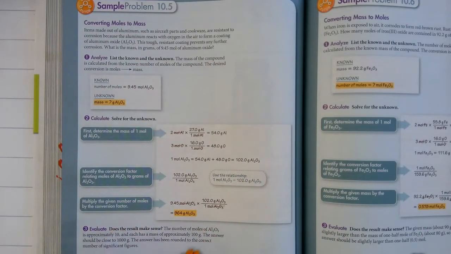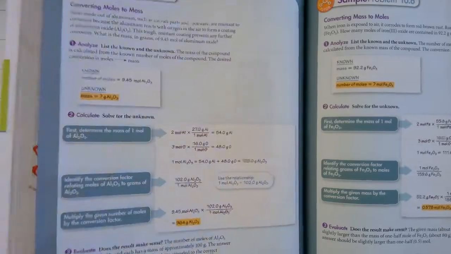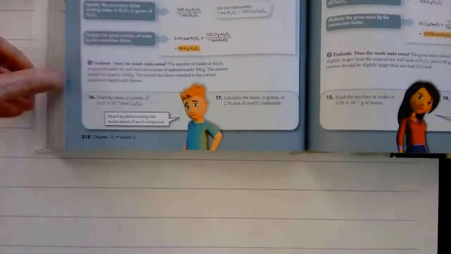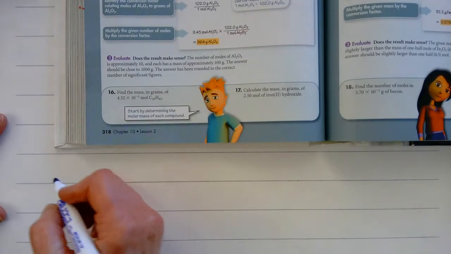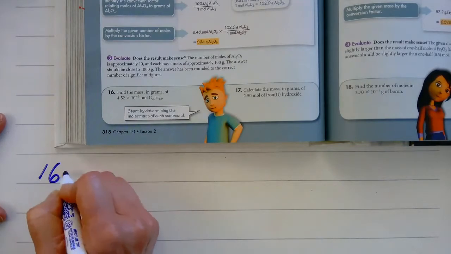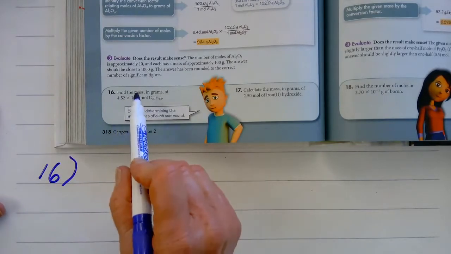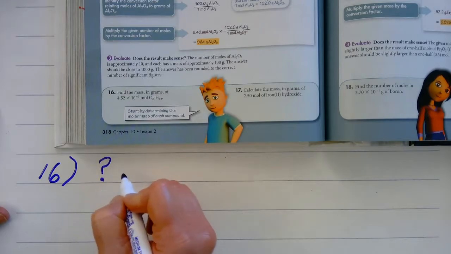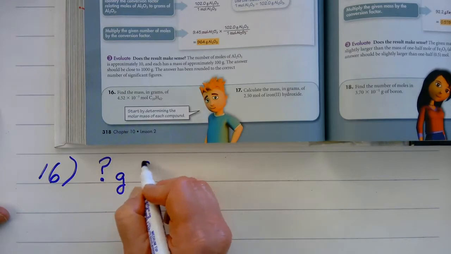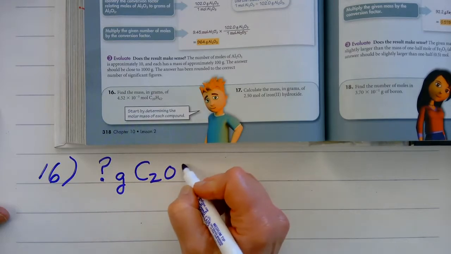The process is determined by what is being asked. The question for number 16 is to find the mass in grams. So we're looking for how many grams we have of C20H42.